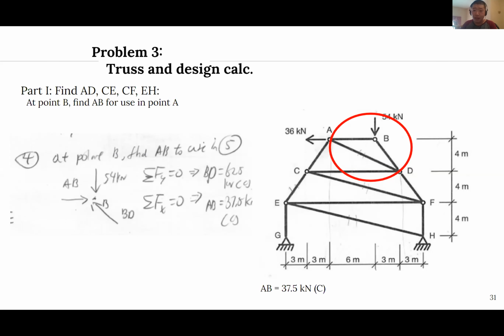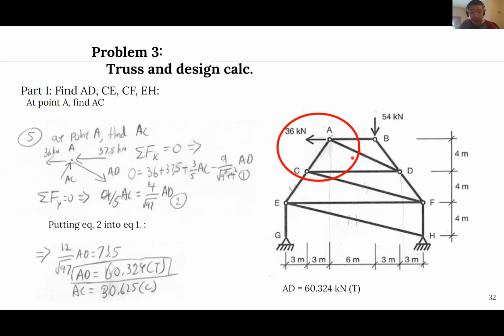If you take all of the horizontal and vertical forces, you would have two equations with two unknowns, which forms a linear system that you can easily solve, and you would find that BD is 62.5 kilonewtons in compression, and AB is 37.5 kilonewtons in compression as well.